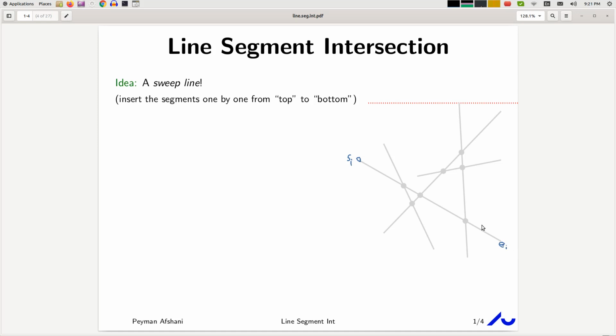And the priority here is the Y coordinate. Therefore, the event with the highest priority before any event has been found is the start of some segment. Some S_j will have the highest priority because it will have the highest Y coordinate. So the first event to pull out from the priority queue will be the start of some segment.